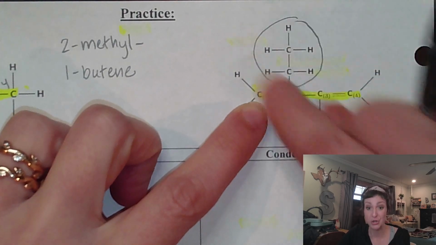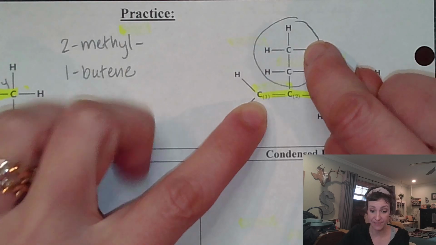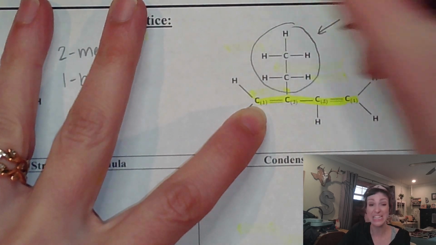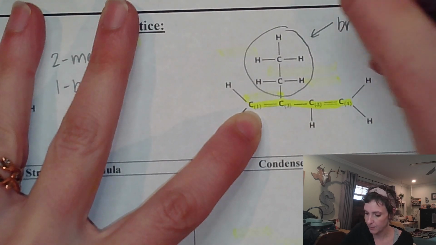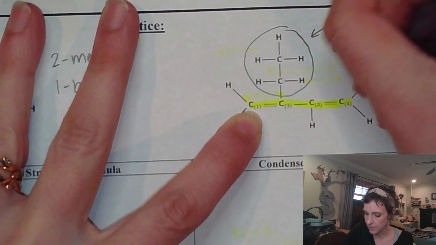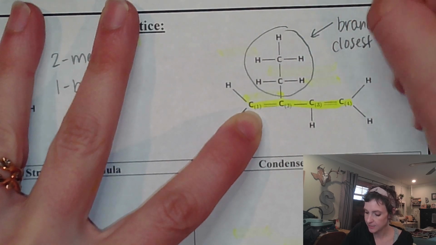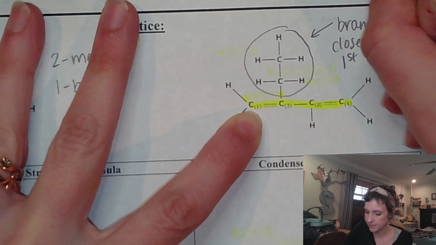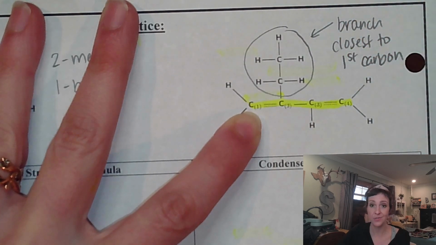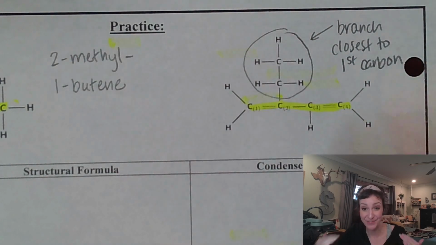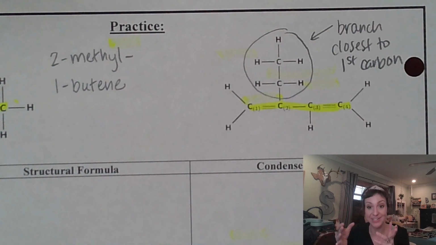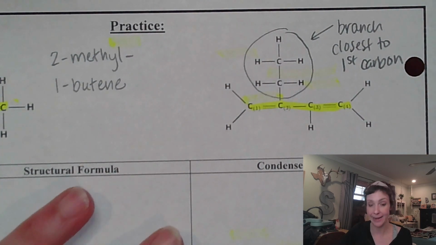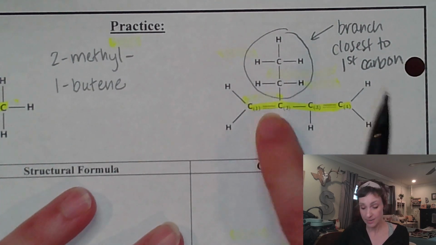My branch group is going to be the determining factor here, and this branch is closest to the first carbon. So we're going to write: branch closest to first carbon. The order of operations here is you first look at your double bonds to help you with carbon numbering, and then if they are not helpful, you will look at your branch groups as a secondary aid. Okay, so that means we're going to start here with carbon number 1.